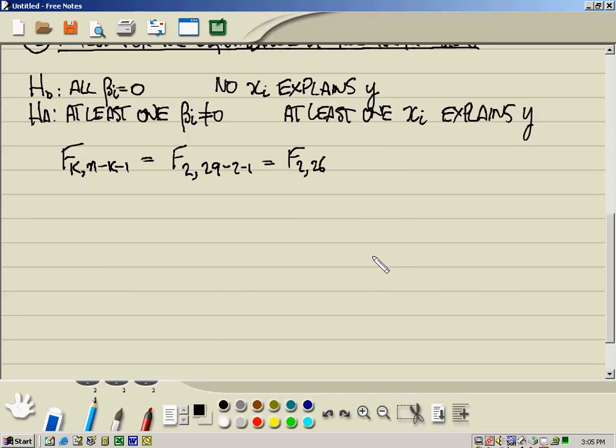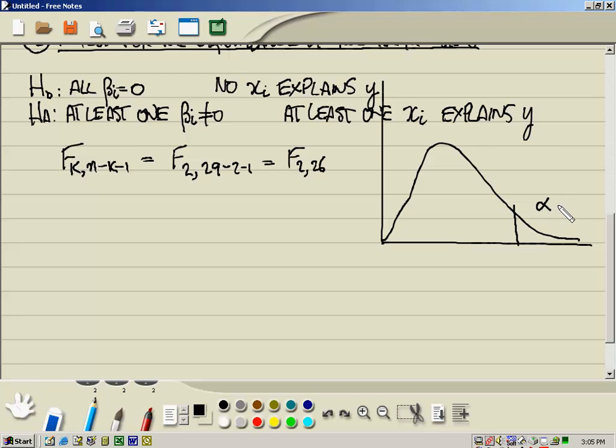Okay, we do a basic simple test. Let's draw a representation of the F distribution. Alright, so we're going to go to the F tables, look up the critical F value, which have an alpha of 5%, so that's 2 and 26.